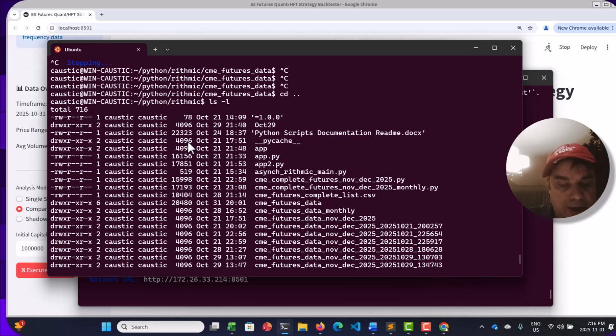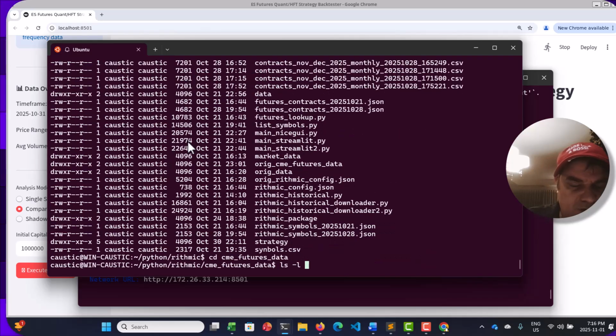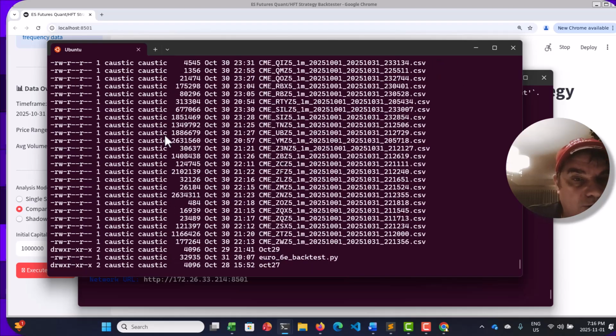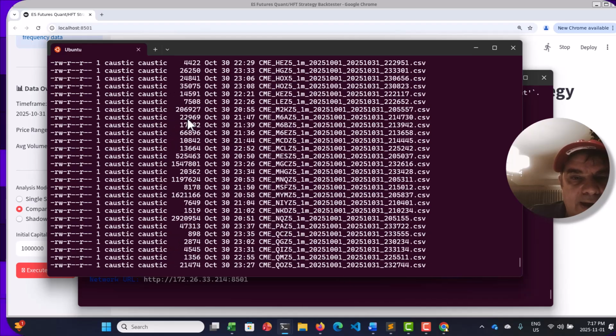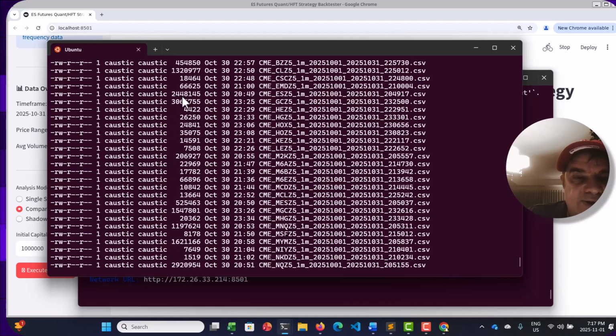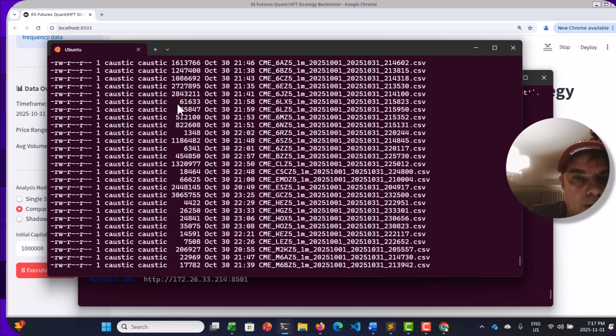I've shown this before in one of my webinars. So when you start to look at CME silver, 1.85 meg, then you get into the NASDAQ, 2.9. But when you start to look at the ES, you can see the ES starts to get more and more. And there's more analysis done as well.